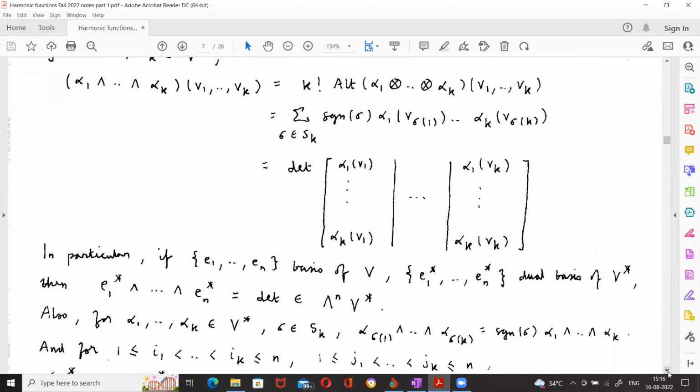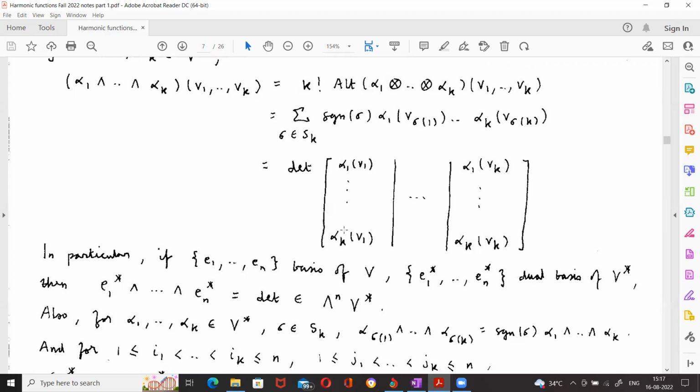Now we can see then, in particular, if E1 to En is a basis of V, and E1 star up to En star is the dual basis of V star, then what will be E1 star wedge up to En star? In that case, this linear map, where the alpha i's are just the Ei stars, will just be the expression of the vector V1 in terms of the basis E1 to En, right?